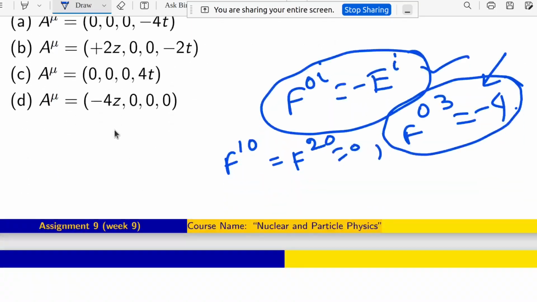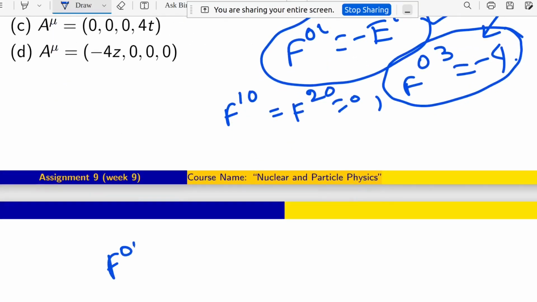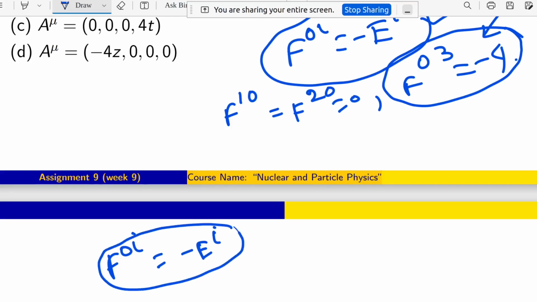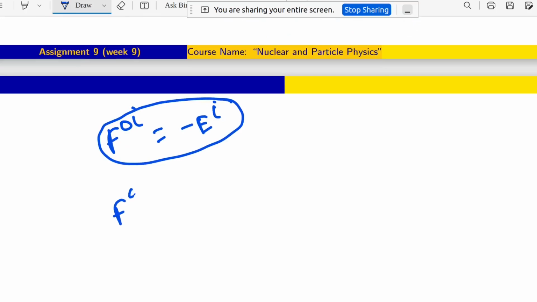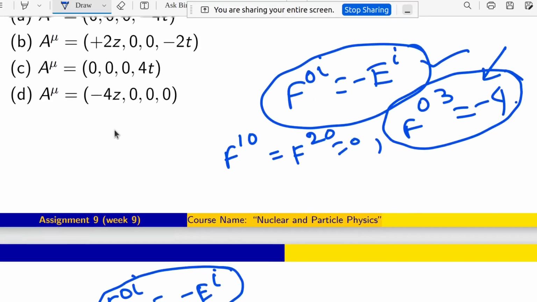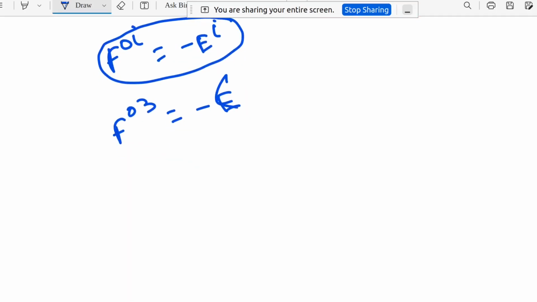F03 is minus 4, and F0i has a general formula that F0i is minus Ei. As in that question it is given that F03 is minus 4, we can definitely write minus E3 is minus 4.